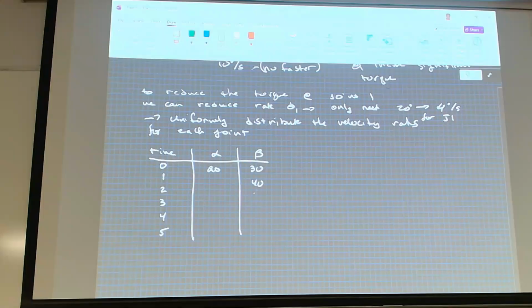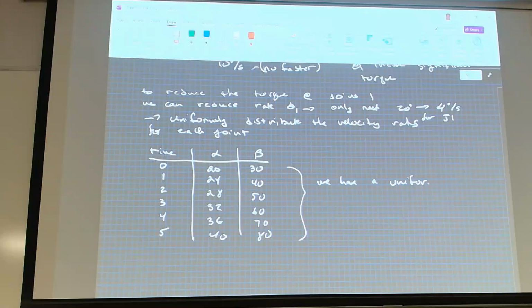And we're going to go 40, 50, 60, 70, and 80. But now we're going to go 24, 28, 32, 36, and 40 degrees. And so we see that we have a uniform velocity. Constant, right? We say uniform, we also mean constant. So far, so good.